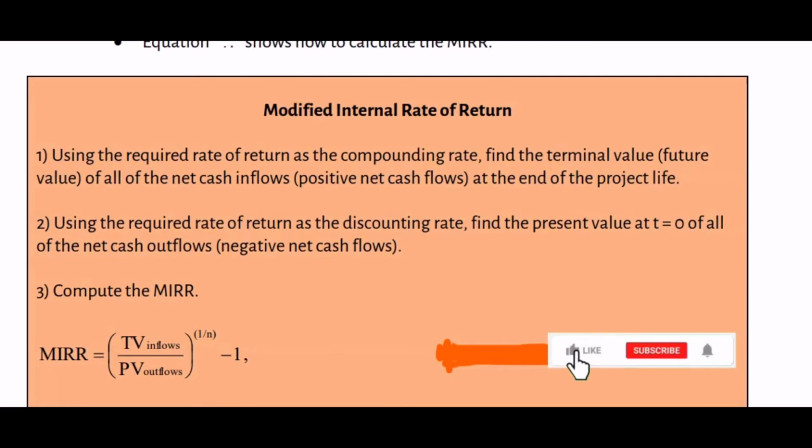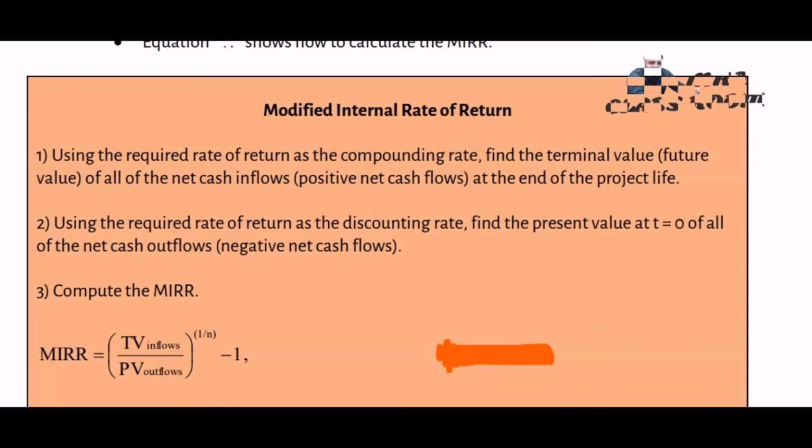We have another way to calculate MIRR. So there is another formula, another way we can calculate MIRR. Using the required rate of return as the compounding rate, find the terminal value, that means the future value of all net cash inflows, positive net cash flows, at the end of project life.